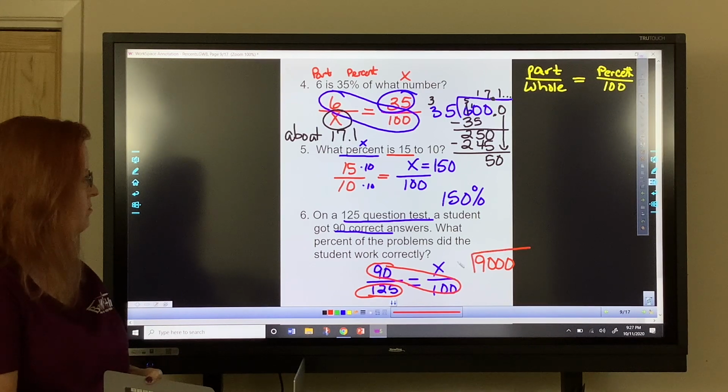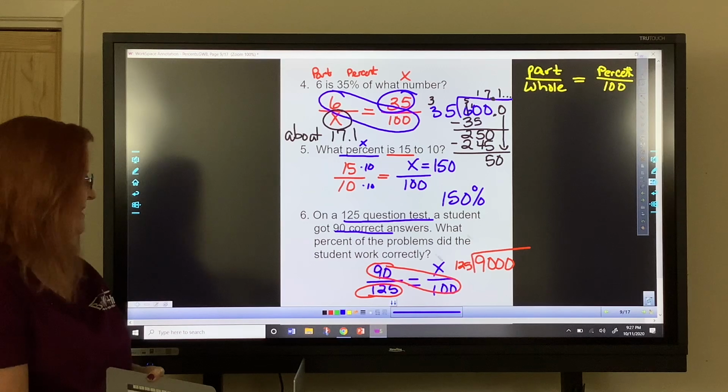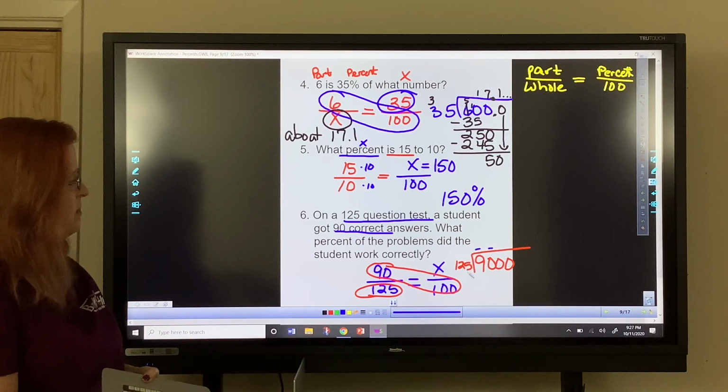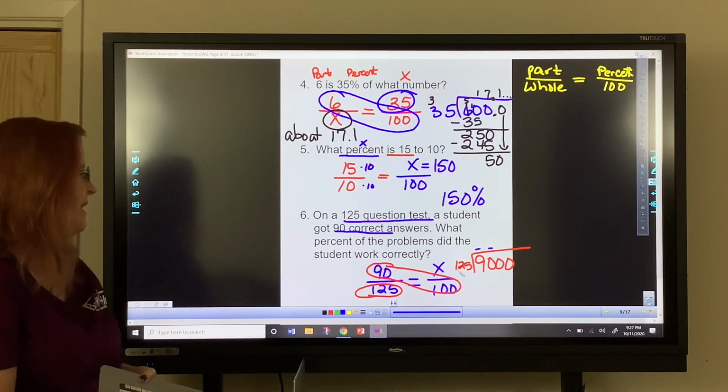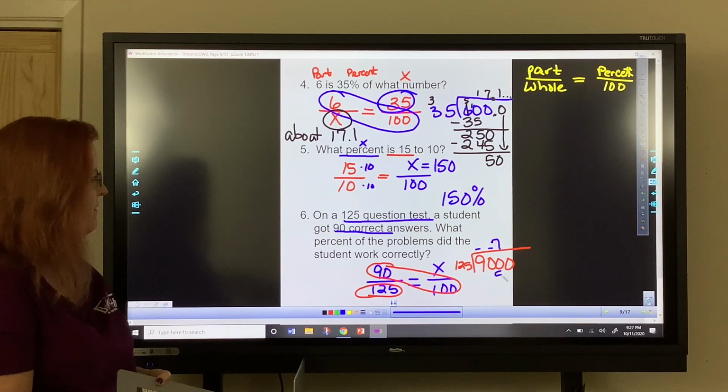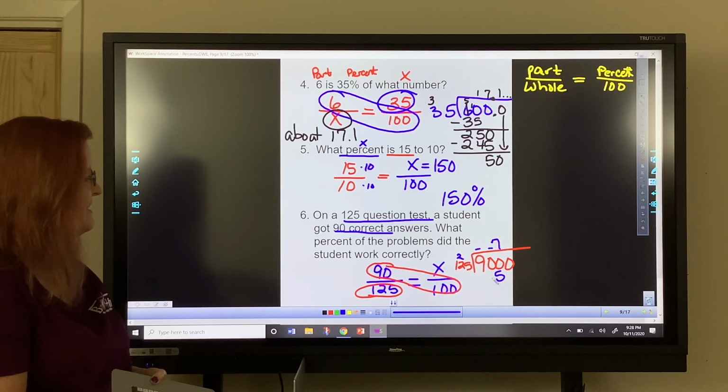All right, let's see. Can't do 9, can't do 90. 900 by 125. 8 wouldn't work, so let's go with 7. So that's 25, carry the 2, 14, 15, 16, carry the 1, 7, 8, 8.